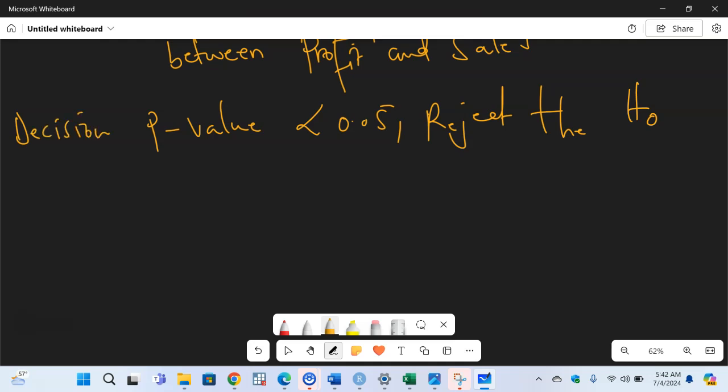That's the third step of hypothesis testing. Then the last step is normally called conclusion. And how do you say in conclusion?